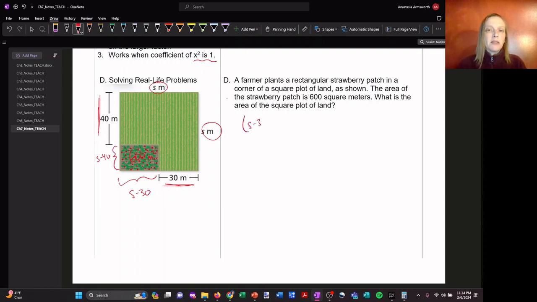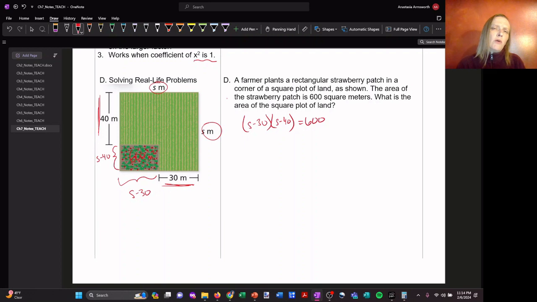And whatever S minus 30 times S minus 40 is, that equals 600. So I can solve for S. I can figure out how long each side is by solving for S.